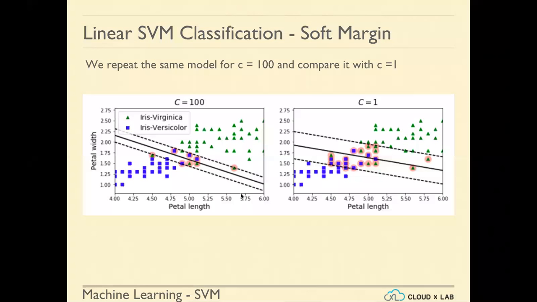A question is, what is a good value of C? Here we are able to look at the visualization. Generally, good and bad is a function of how well the model performs. The objective is to achieve the minimum number of errors, using cross validation.